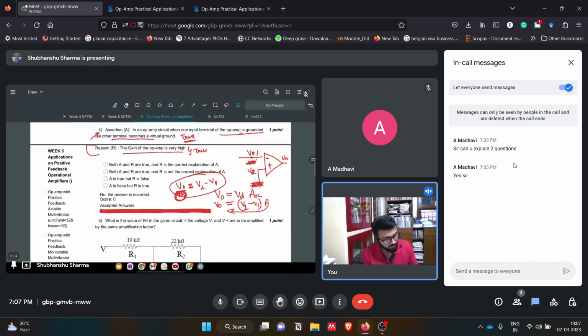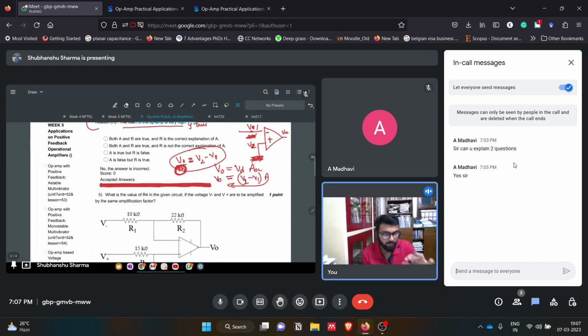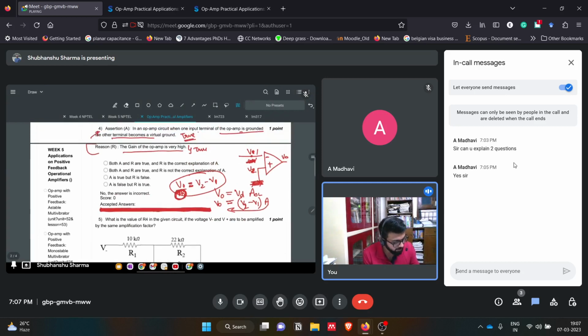We haven't given any negative feedback till now. We are just analyzing. So if this open loop gain A tends to infinity, that is, it has very high gain, what will happen? This whole value, V naught by A, will tend to 0.